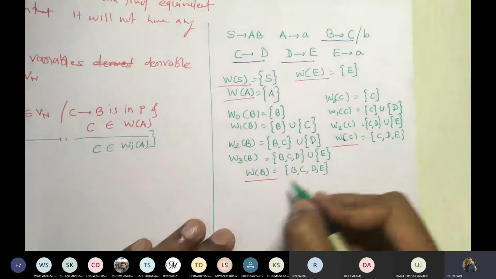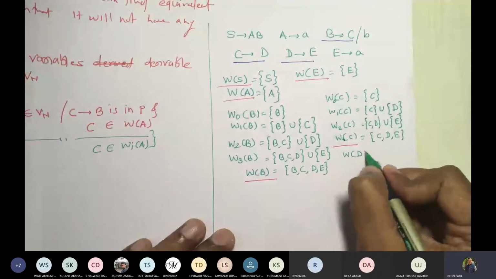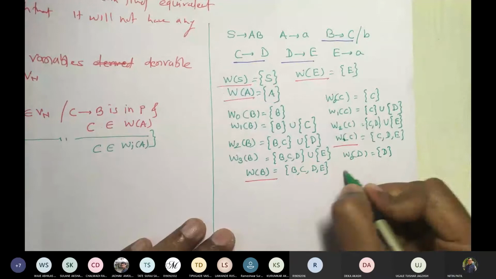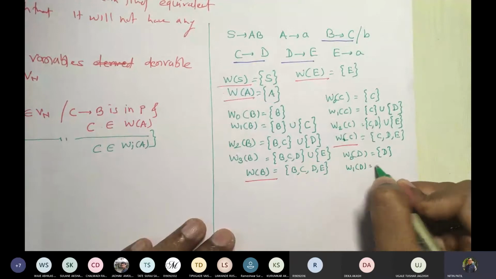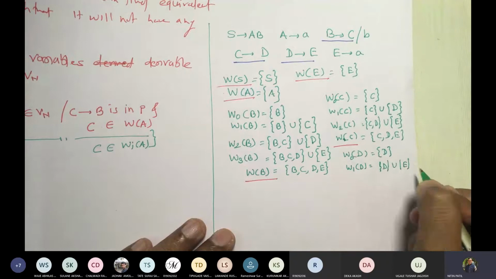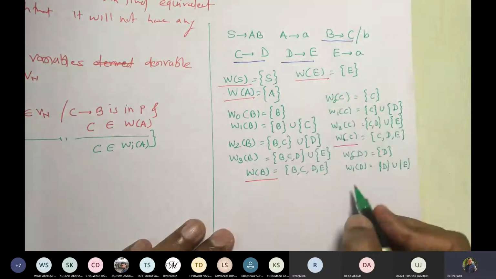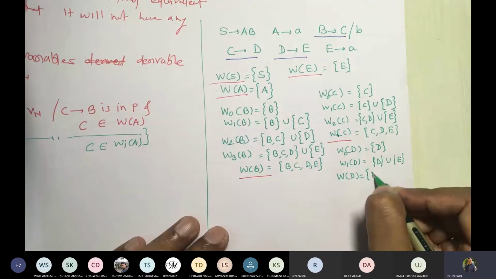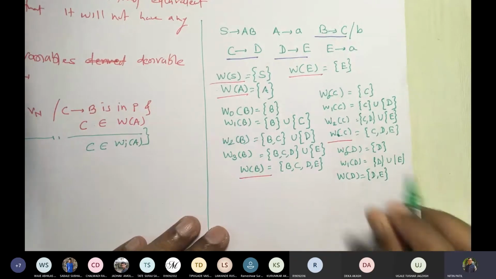Now which is remaining? W of D. W0 of D would be what? D. W1 of D would be what? D union E. Why? Because D gives E. Correct? So WD would be only D, E. There is nothing more to be added.